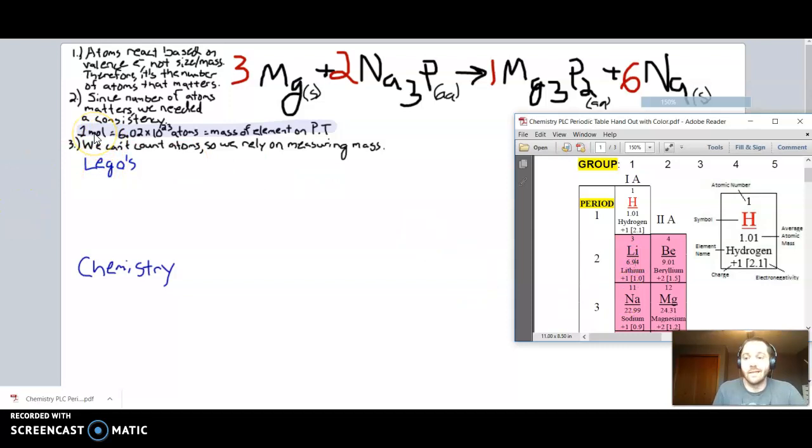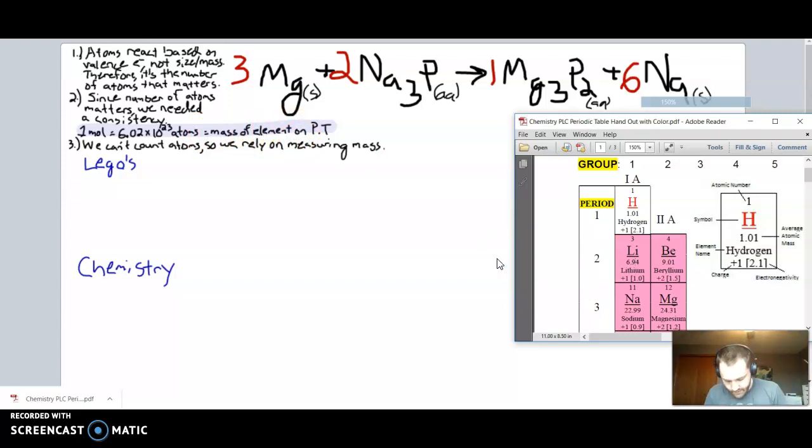Scientists needed a consistency for that, and unfortunately we can't get down and measure atoms. So they came up with the idea that 1 mole is 6.02 times 10 to the 23rd of really anything, and for atoms, 1 mole is equal to that many atoms, which is also equal to your mass on the periodic table.